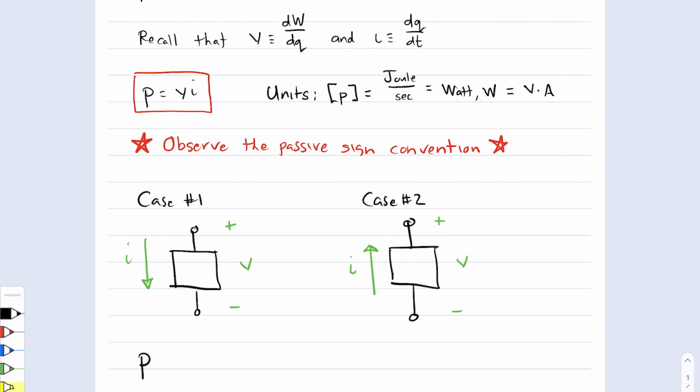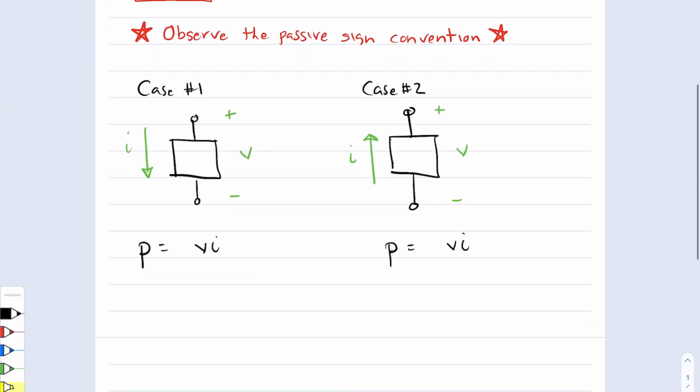Now, the power in each instance is going to be written as V times I, but observing the passive sign convention, remember, whenever the direction of the current is in the direction of the voltage drop, then any relationship that relates the voltage to the current takes a positive sign. Conversely, if the direction of the current is in the direction of the voltage rise, it takes on a minus sign.